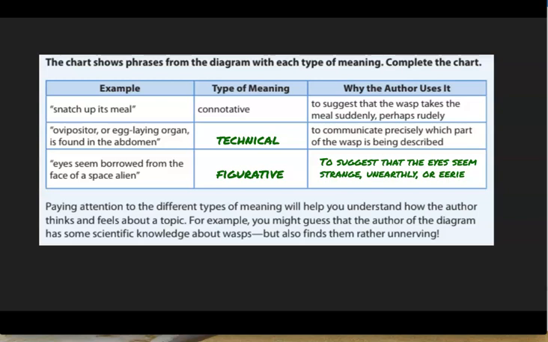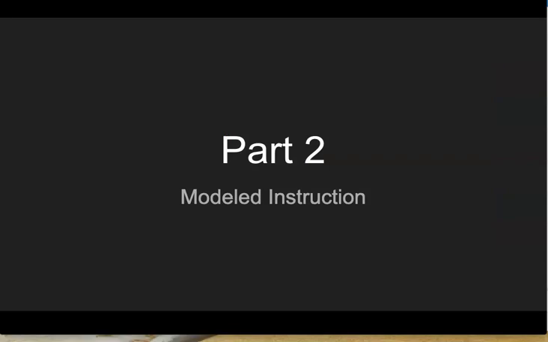The author's not going to come straight out and say, I don't like wasps, or I do like wasps. That would be pretty boring, straightforward, and unnecessary. So the author uses specific words to hint at how he or she feels about a thing. For example, you might guess that the author of the diagram has some scientific knowledge about wasps, but also finds them rather unnerving.